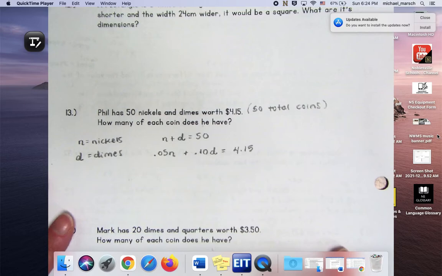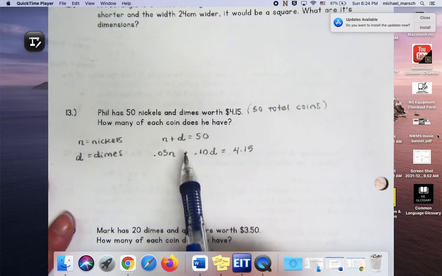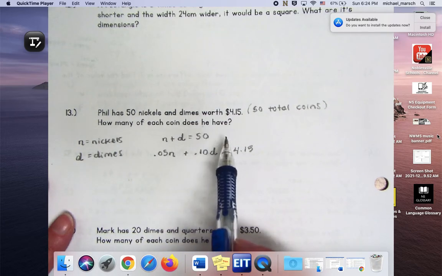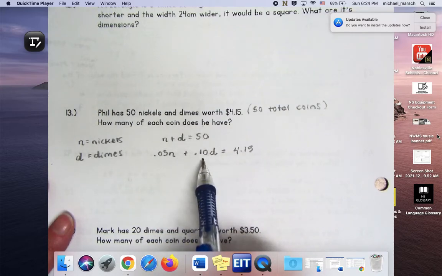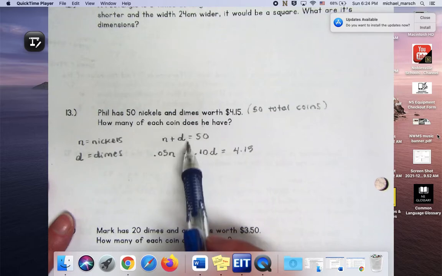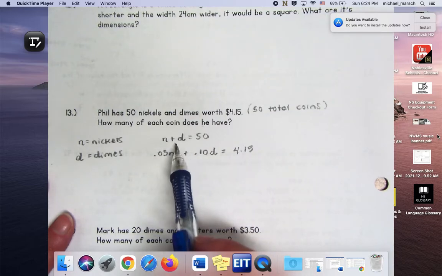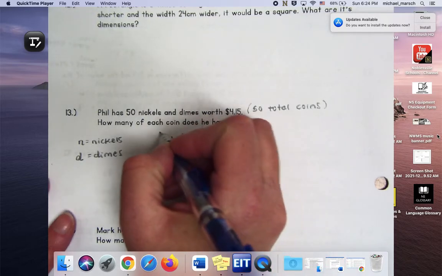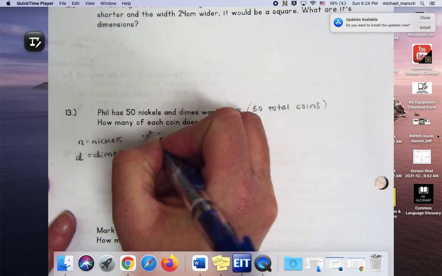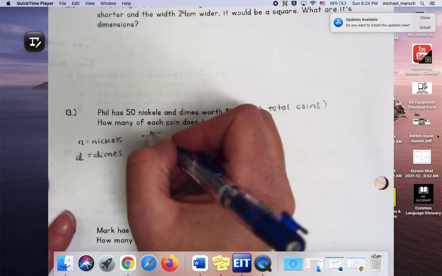So I'm going to do elimination. If I multiply the whole top one by negative 10, then that will give me, by negative 0.1, that will give me the negative here to cross out. Negative 0.10.